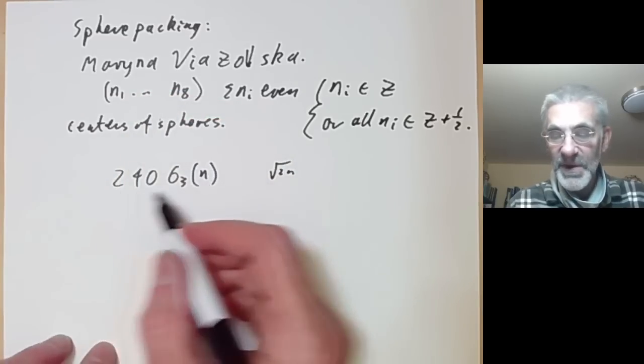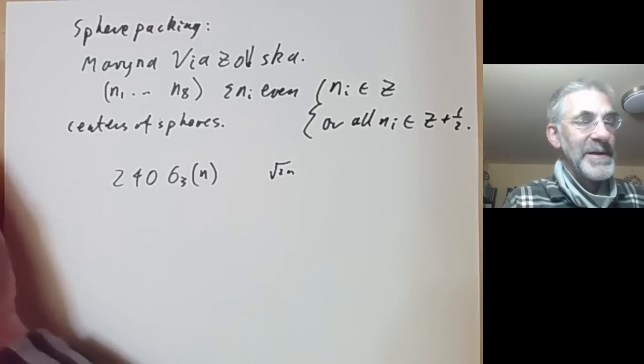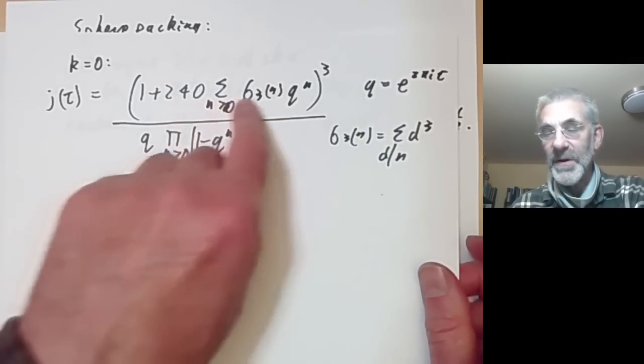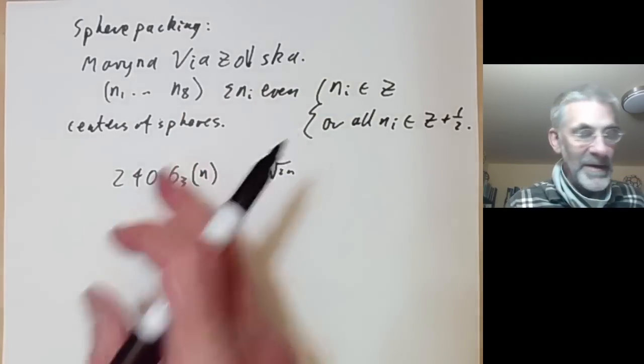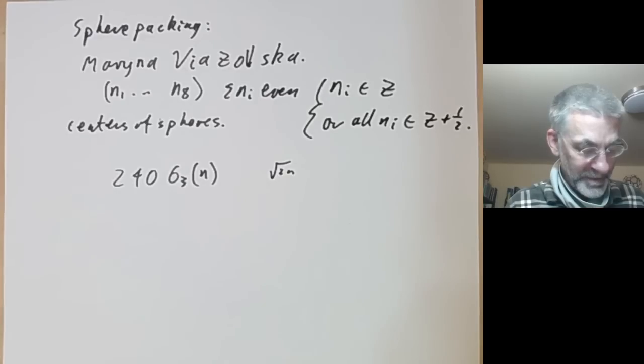And if you look at this number 240 sigma 3 of n, you may notice that it's the same number that was turning up here in the definition of the elliptic modular function. So the elliptic modular function is somehow mysteriously related to this sphere packing in 8 dimensions.